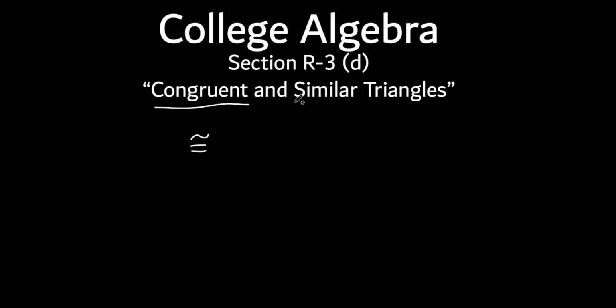I usually do in my honors classes, but the symbol for similar triangles is just the one squiggle. So congruent has an equal sign under the squiggle. Similar is just the squiggle. It's just the symbol we use for similar triangles.